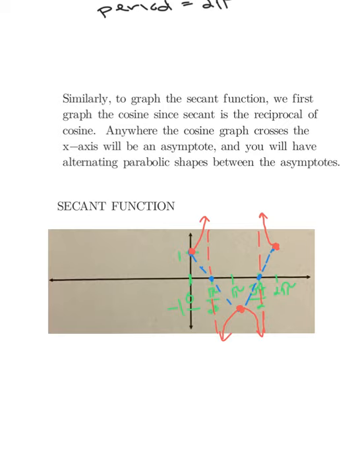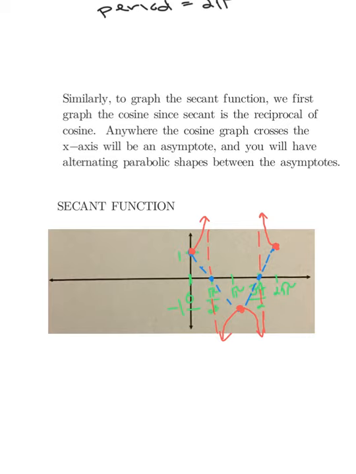Because we have two half pieces between 0 and pi over 2, and then between 3 pi over 2 and 2 pi, that gives us one full piece, and then we have a second full piece between pi over 2 and 3 pi over 2. So this is one period of the secant function.